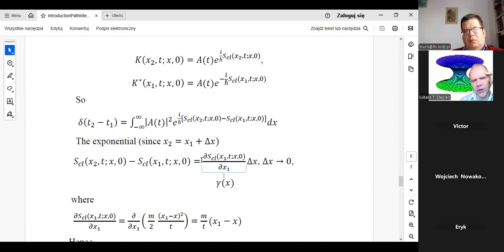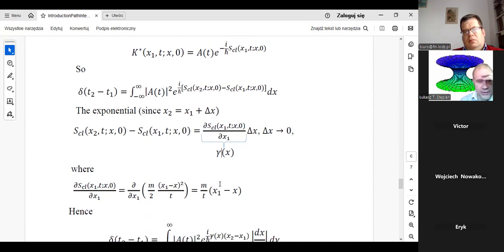And we denote this term as gamma of x. So we can compute, of course, the derivative of the classical action function of a classical path with respect to x1, excuse me, and this is equal to such expression.